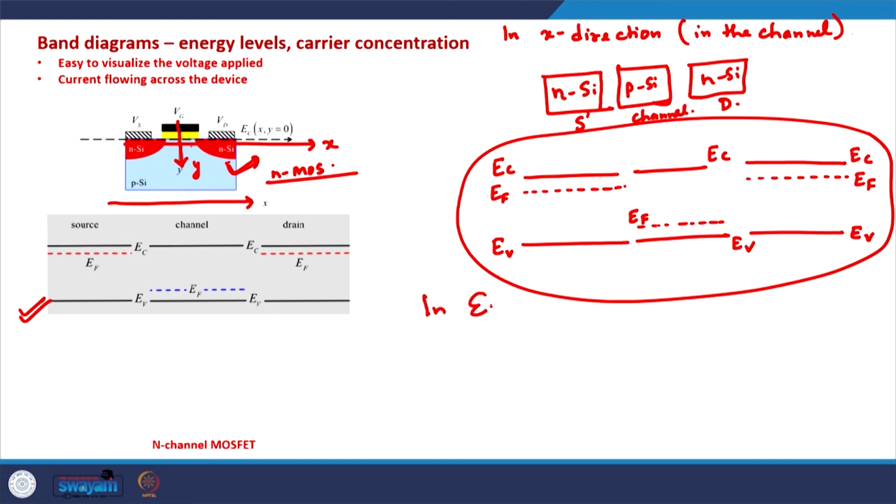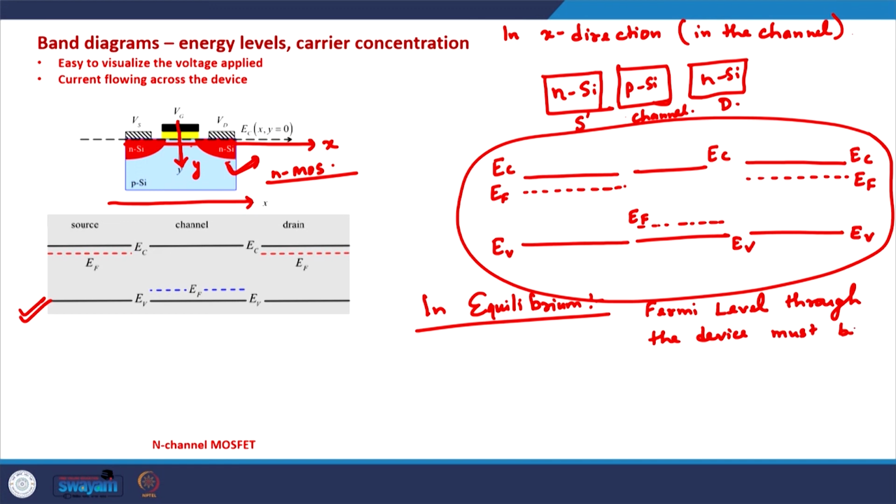In equilibrium, if you recall our discussion on the Fermi level and Fermi functions, the Fermi level throughout the device must be constant, which means that we can have only a single level throughout the device in equilibrium.